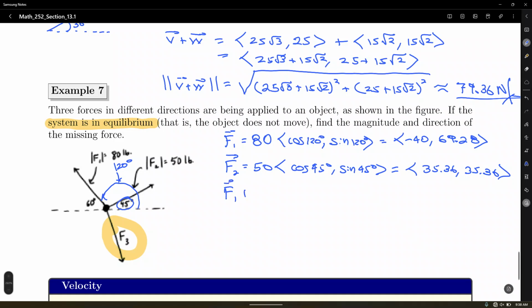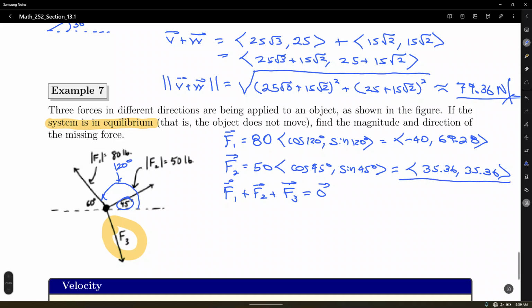So F1 plus F2 plus F3 equals the 0 vector. Algebraically, we can subtract F1 plus F2 and simply find the missing vector.